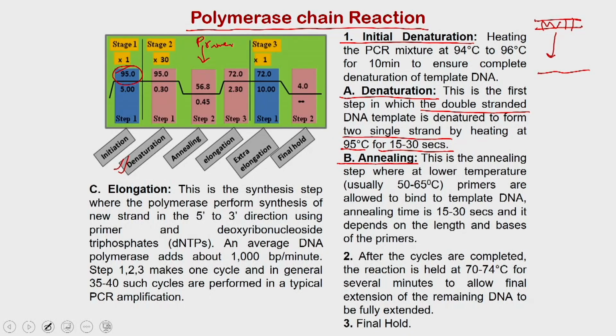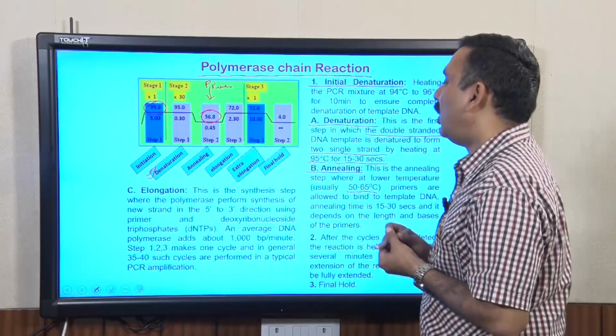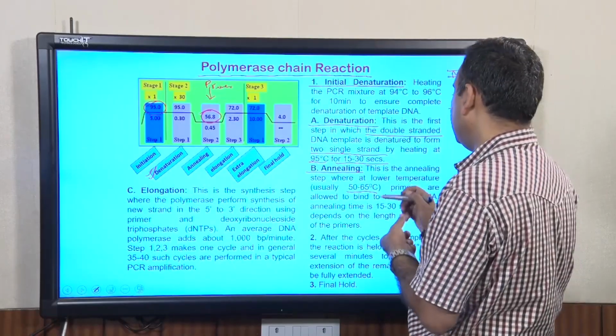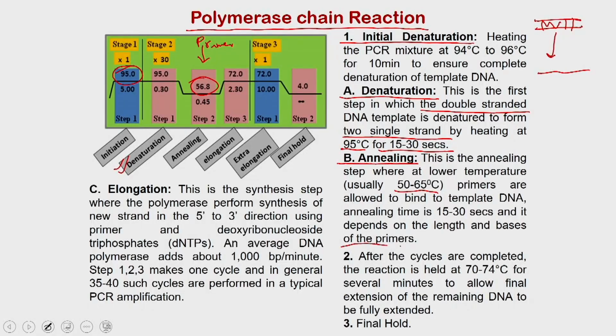Usually you can lower the temperature to 50 to 60, although the exact temperature depends on many factors. For example, the TM, or the melting temperature of the primer that you got while designing the primers, or the annealing temperature is decided based on the quality of those things.